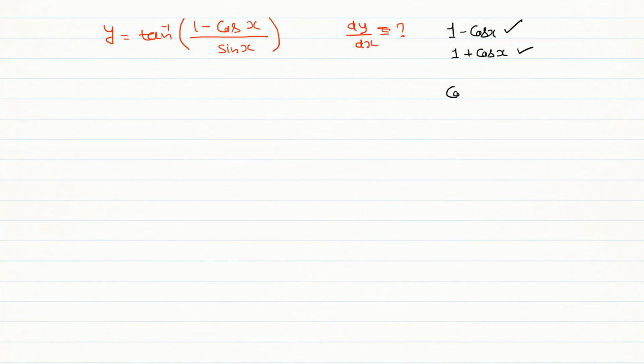Now we know that in trigonometry cos x has multiple formulae. For example, it is cos square x by 2 minus sine square x by 2. This is one of the formulae. Similarly, we have 2 cos square x by 2 minus 1. This is another formula. These all are half angle formulae. Similarly, we have 1 minus 2 sine square x by 2.